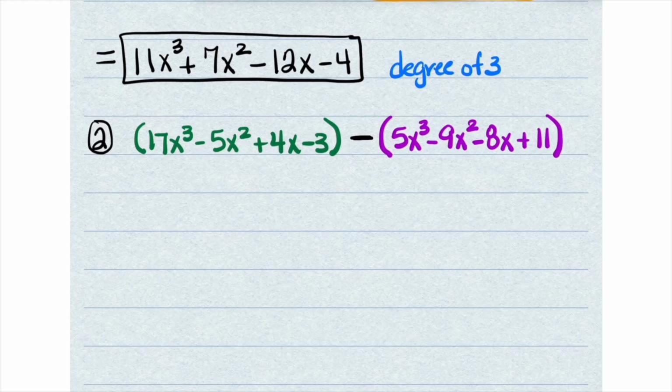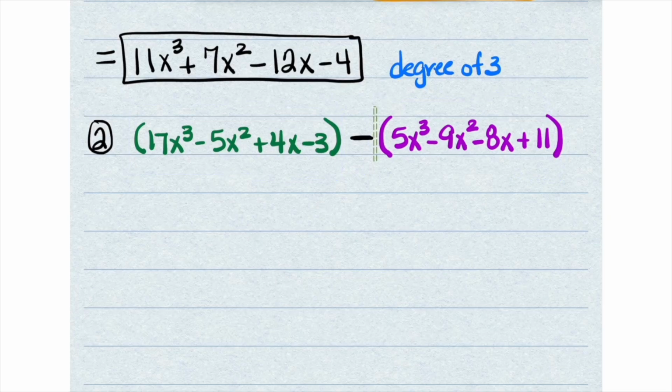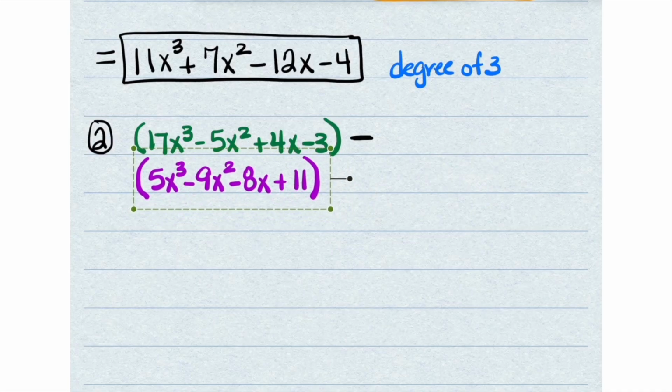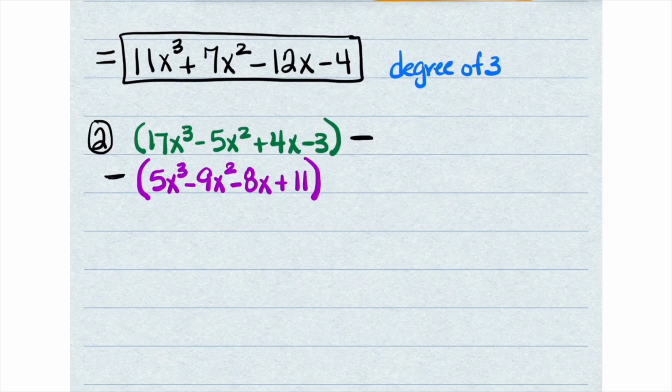All right. Now, what normally gets people tripped up, if you were to write this vertically, it would be really nice because then you could just line these up and then you would say subtract, and you would, in your mind, you would see that this subtracts this.